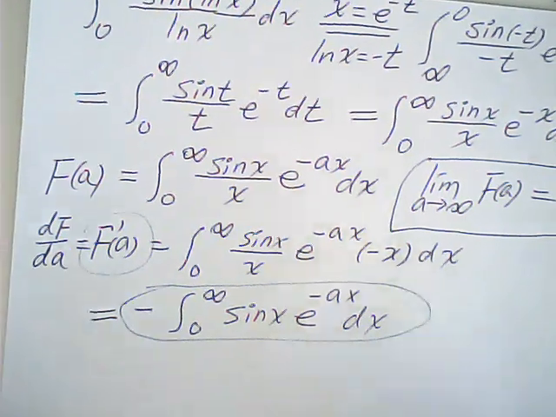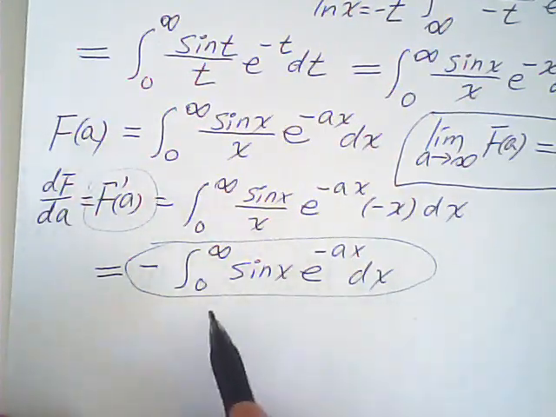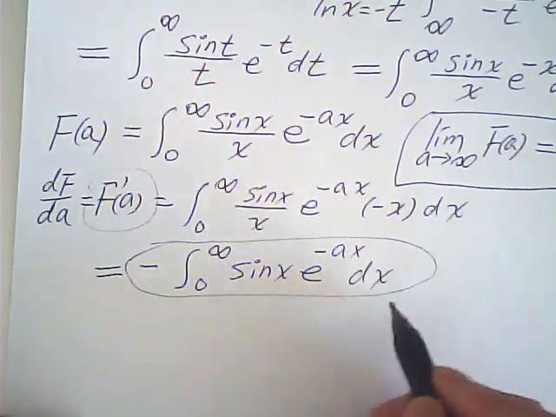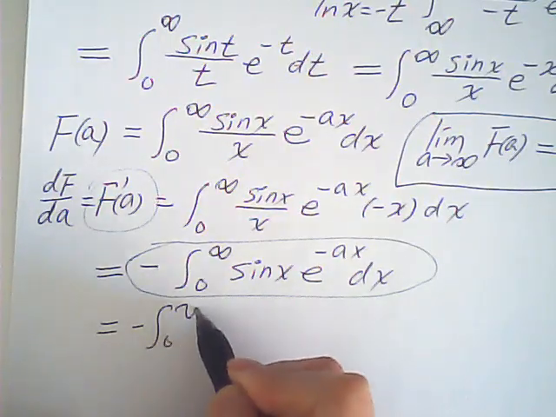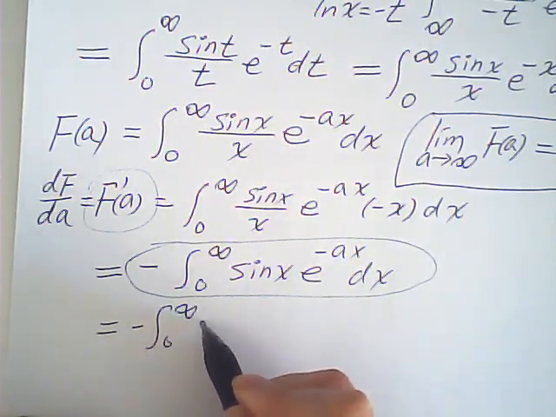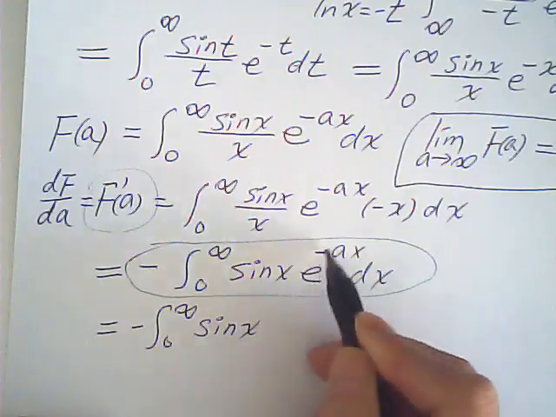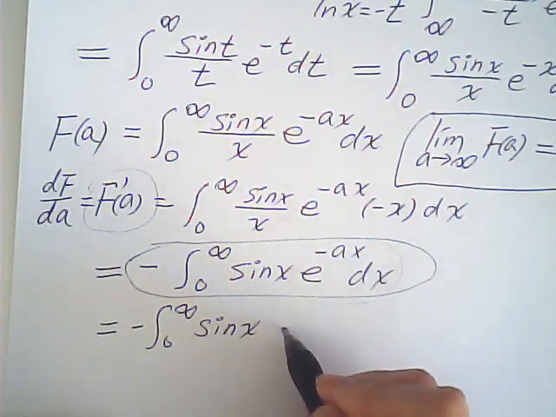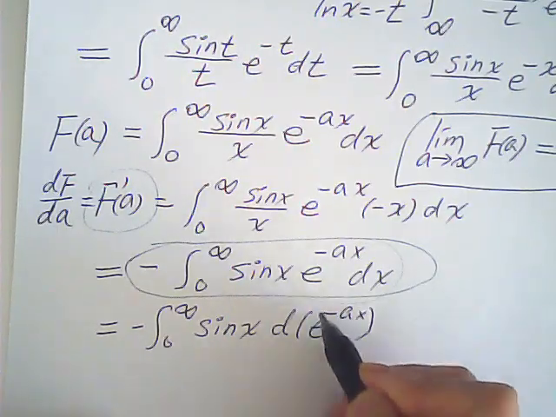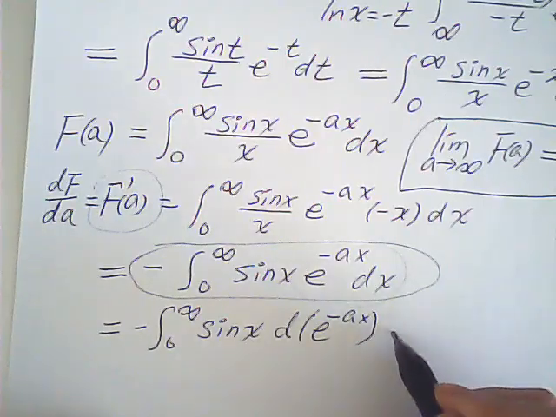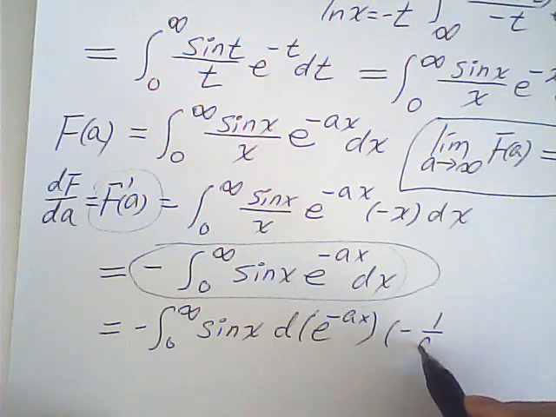Then I continue by integration by parts. So this is a negative integral of sine x, and now I write d of e to the negative ax, then multiply by negative 1 over a, right?